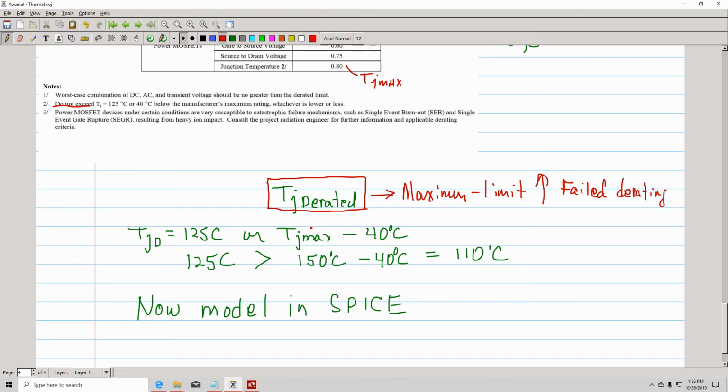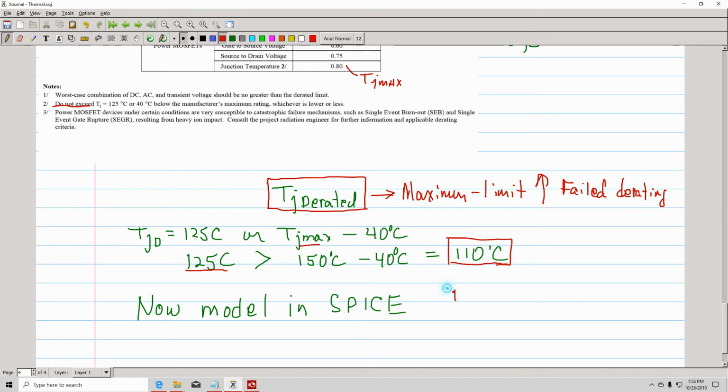In this case, it's either going to be 125, or TJ max minus 40. In this case, 150 minus 40 degrees is 110, and it says to pick the one that is lowest. So in this case, this is the lowest.